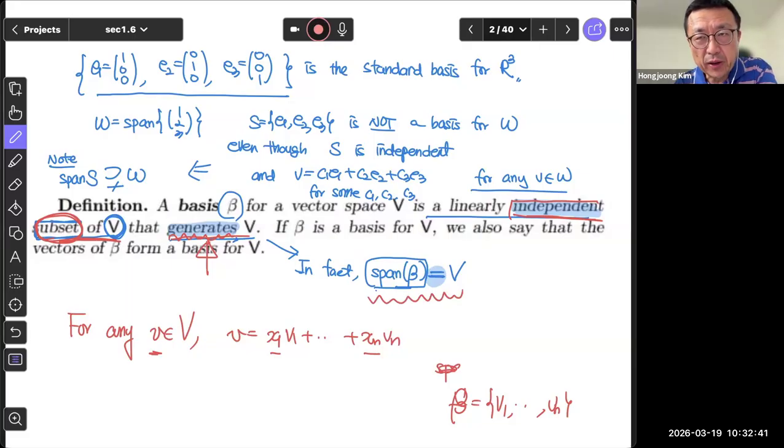If you choose any vector from V, that is a vector in the span of beta, that means a linear combination of the vectors in beta. And since this basis beta is independent, these numbers x1 up to xn are unique, because these vectors are independent. So that is the definition of a basis.